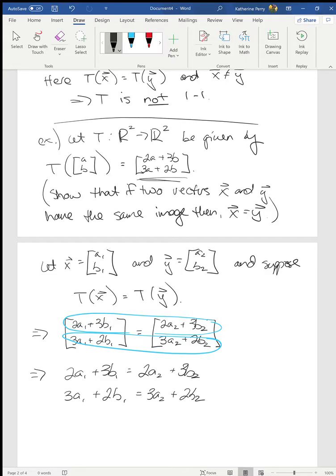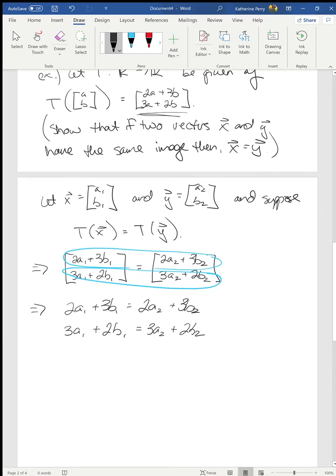And even though we have 4 variables here, we can think of this as a system. We can add, we can subtract, and I'll let you do that on your own time if you'd like, but what ends up happening here is that this implies a1 equals a2 and b1 equals b2, which then implies that x must be equal to y, and so T is 1-to-1.